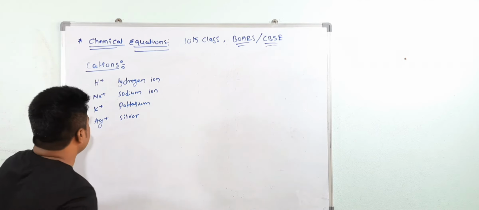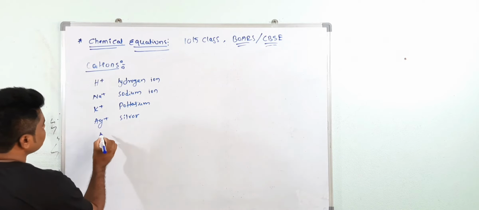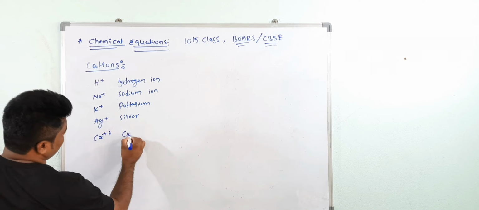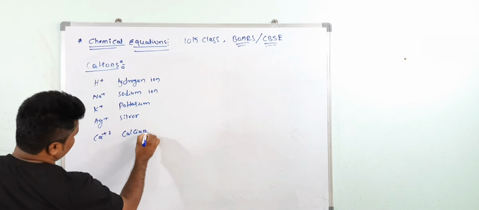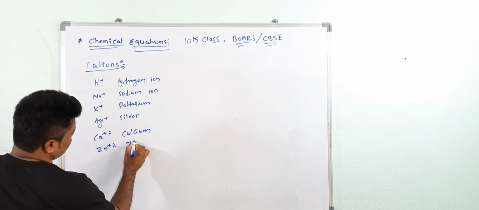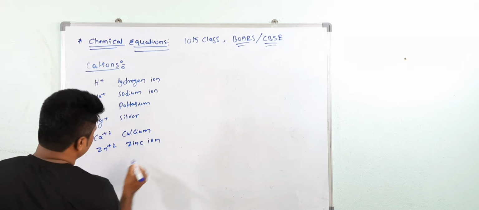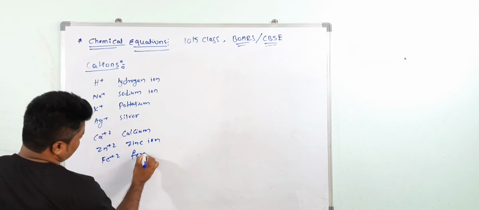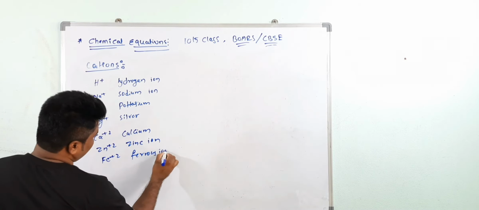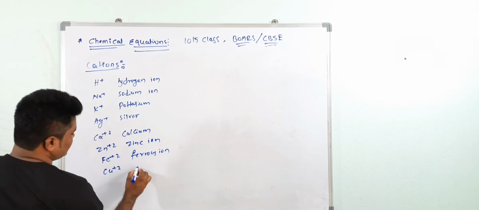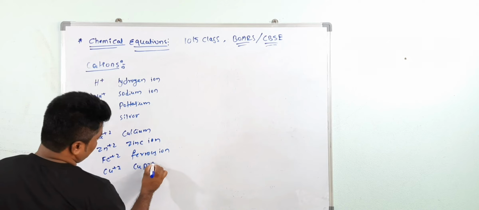If we take Ca2+, this is calcium ion, and Zn2+ is zinc ion. Now Fe2+ is called ferrous ion, and Cu2+ is called cupric ion.